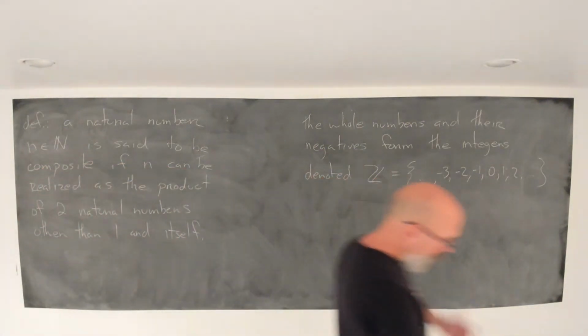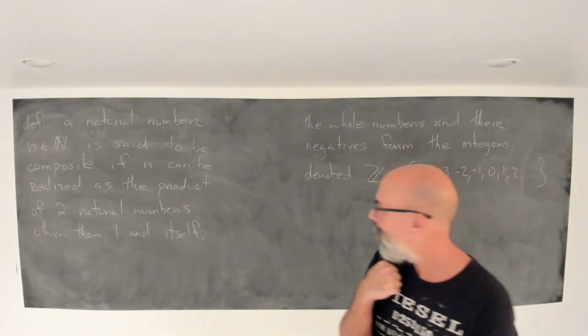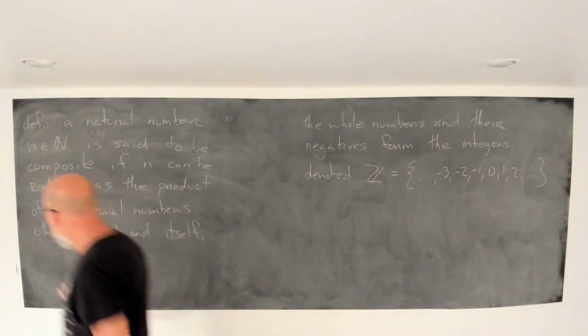Right, so we're starting with a definition of what it means to be a composite number. Say a few examples.